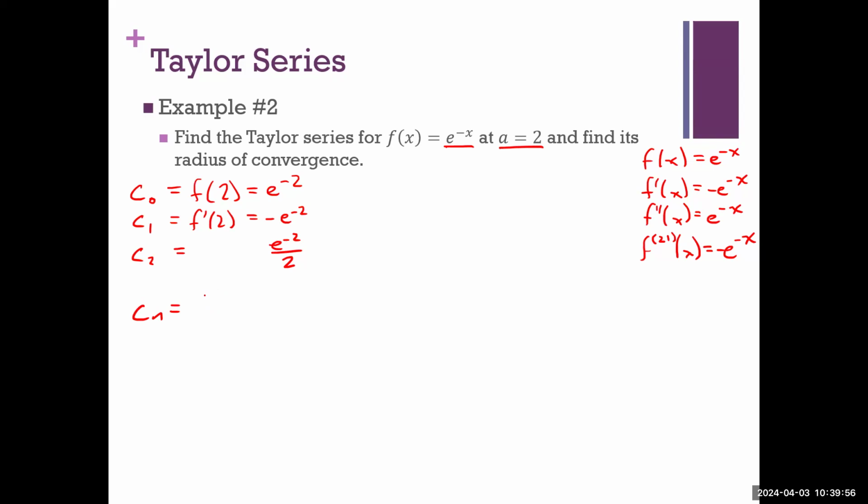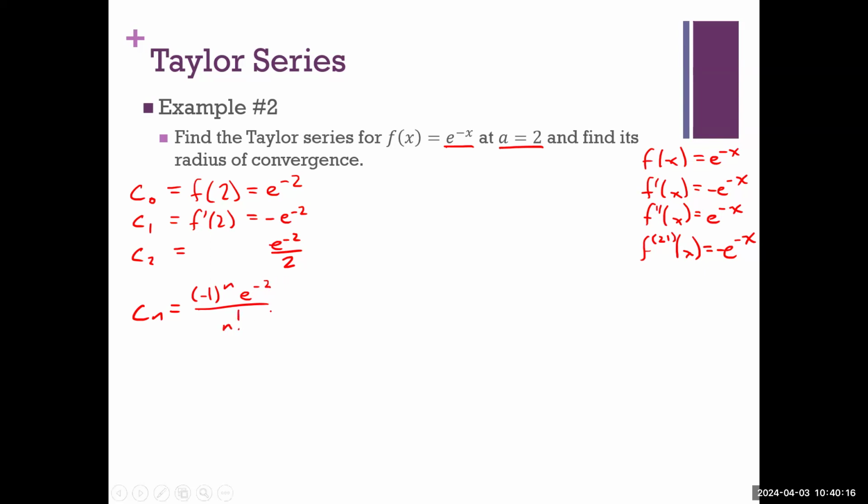Can we generalize this C sub n? Negative 1 to the power of n. So we've got an alternation, so we have to have an alternating term. What else? E to the negative 2 over n factorial.